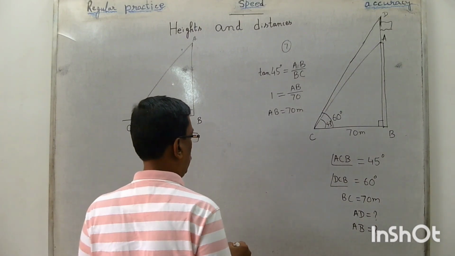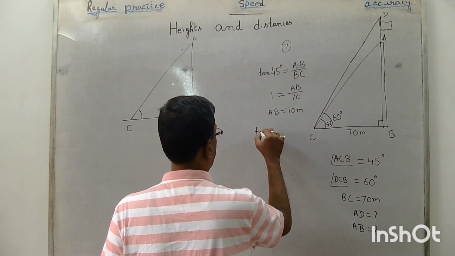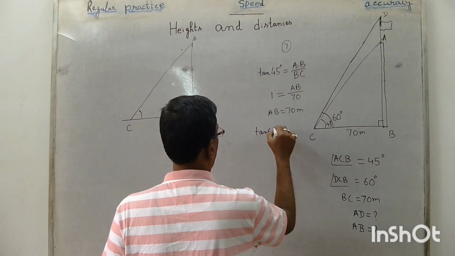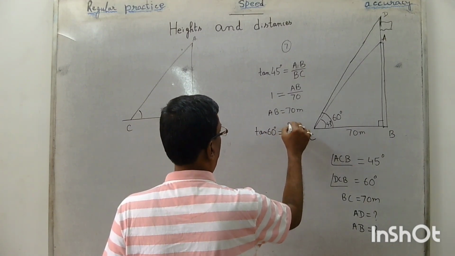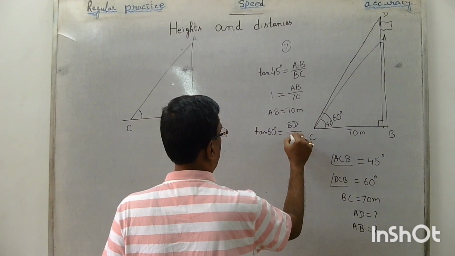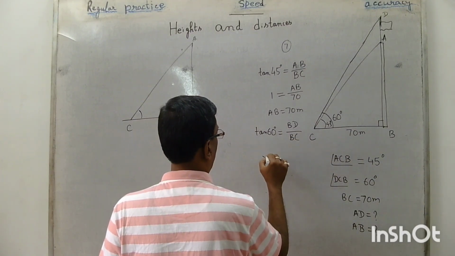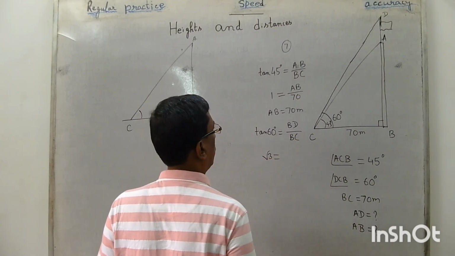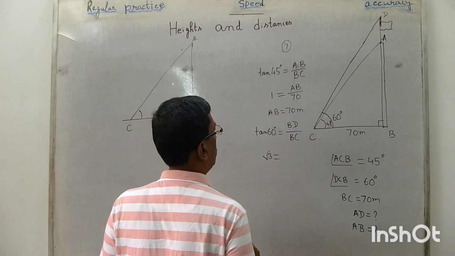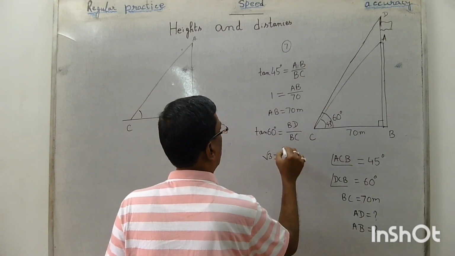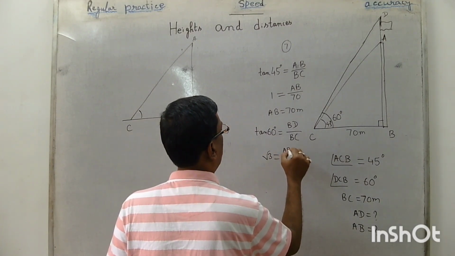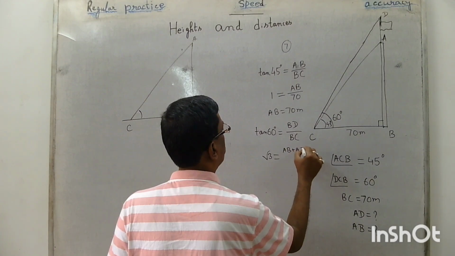Now we come to tan 60, BD by BC. Root 3 equals BD by BC. BD means AB plus AD.